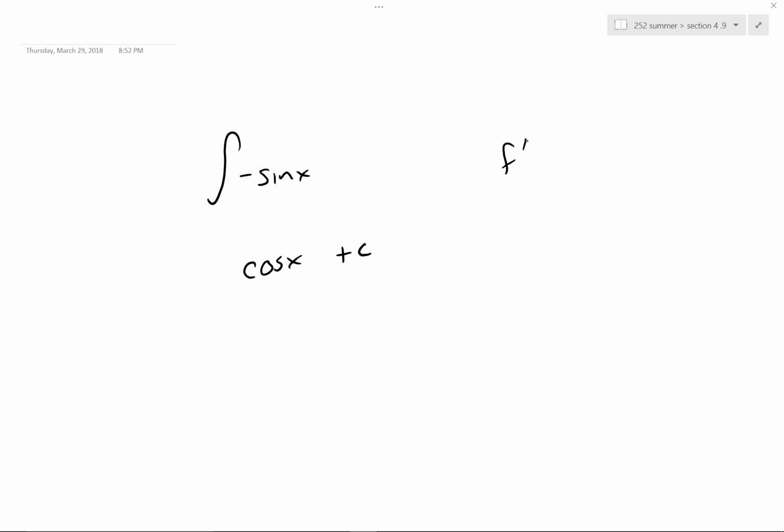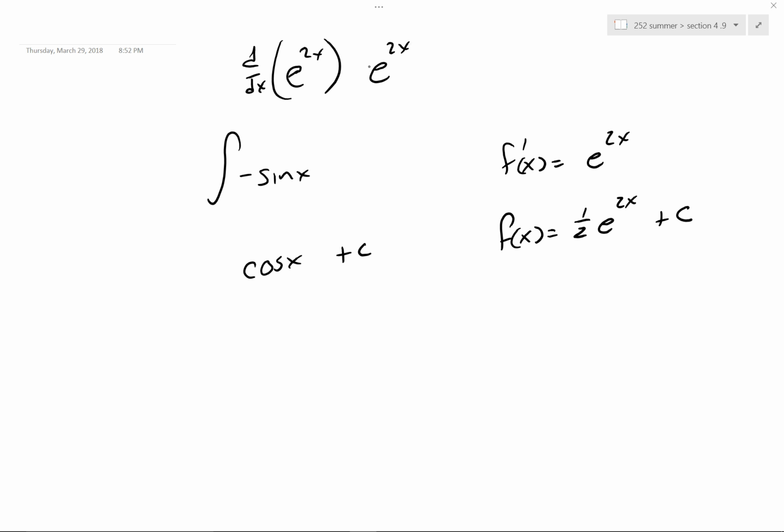Here's one where if I said, hey, f prime of x is equal to e to the 2x, one might be able to figure this out before we actually teach it to you. And it kind of makes sense, because if you take the derivative of e to the 2x, what do you get? Well, it's e to the 2x times the derivative of 2x, which is 2.